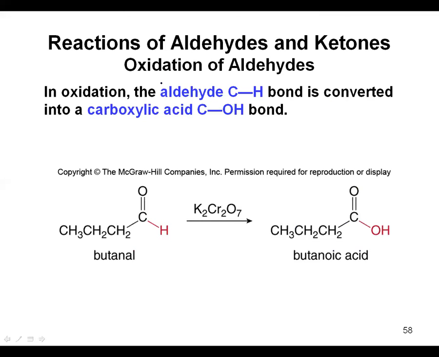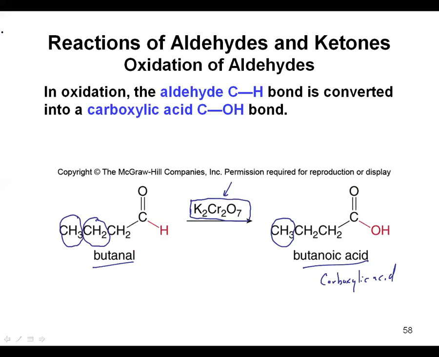To do this reaction, sometimes you'll see some type of oxidizing agent here, like potassium dichromate, just to facilitate the reaction, not really involved. The only difference as we go from our butanol to our butanoic acid, which is a carboxylic acid, is this: that's CH3, exactly the same as you see here. That's CH2, exactly the same.